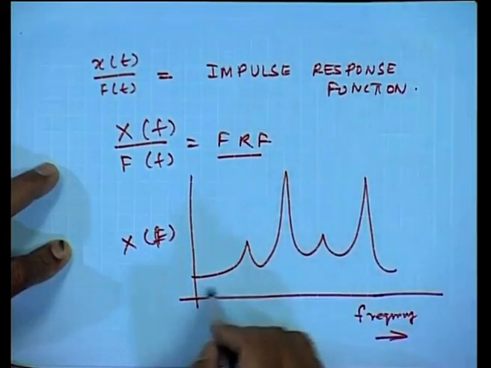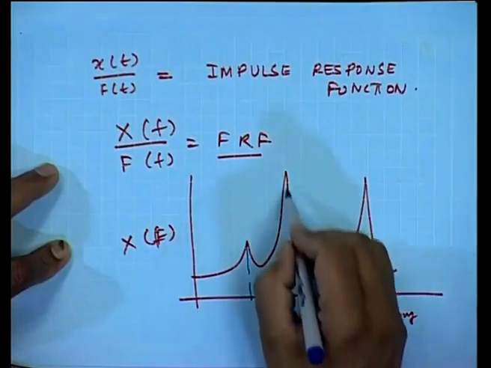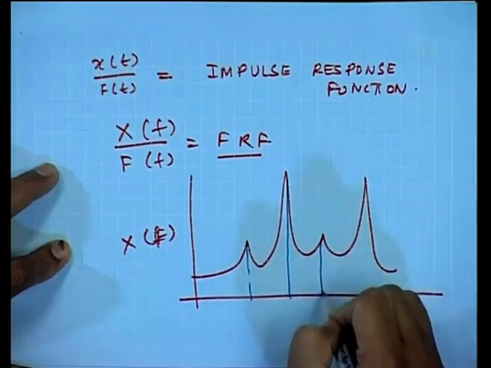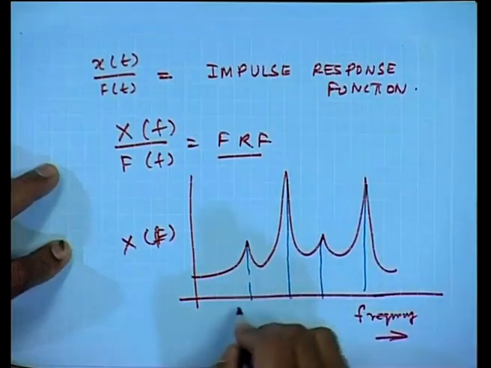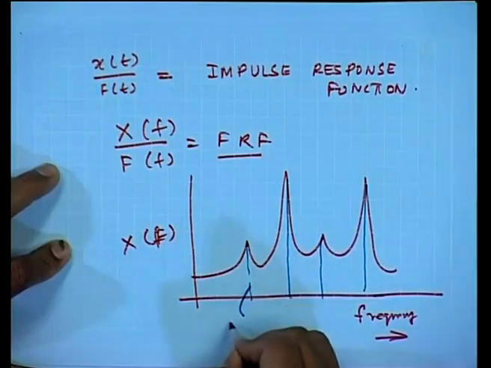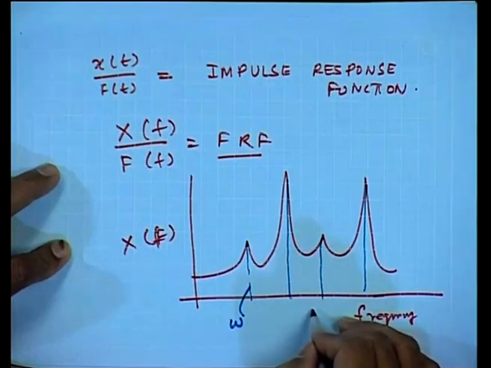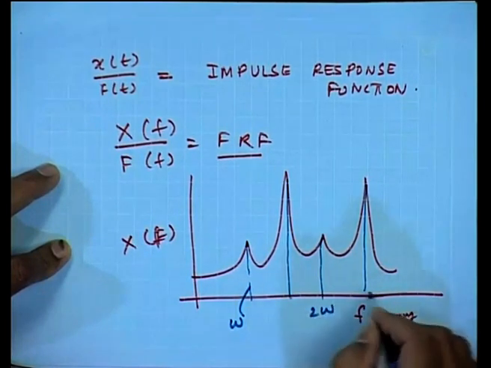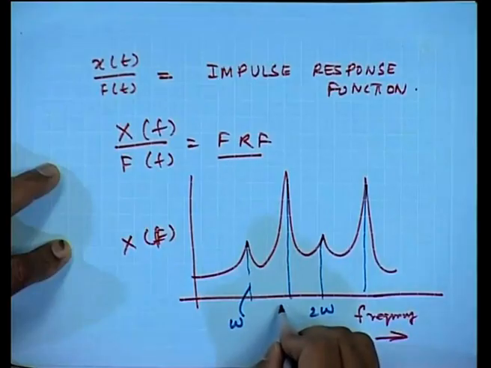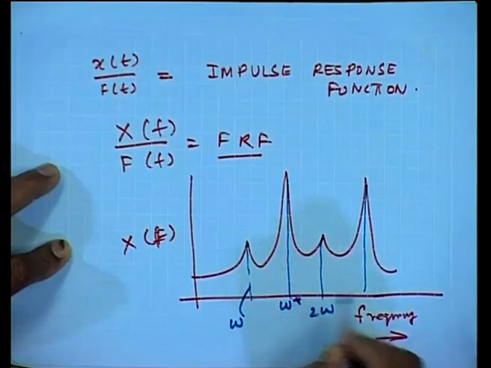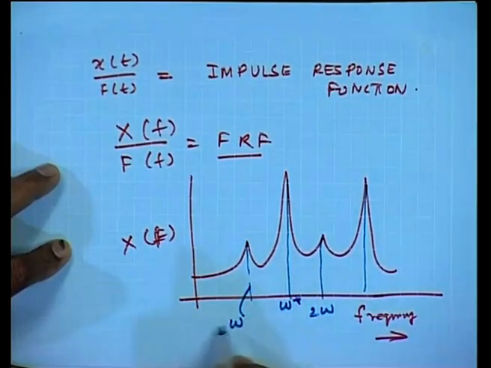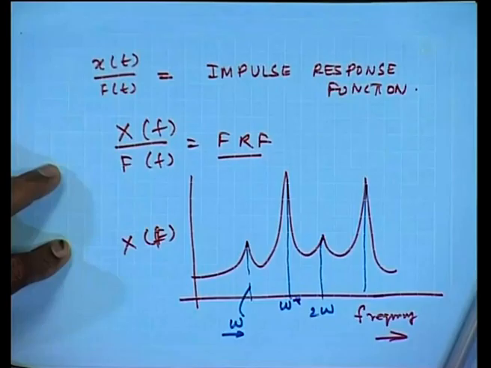Some of these peaks could be related to the forcing function, maybe omega, some could be multiples of omega, 2 omega, etc. But some could be certain frequencies omega star, and if there is a provision of changing omega, I would get another plot.